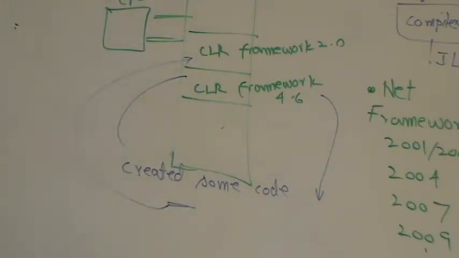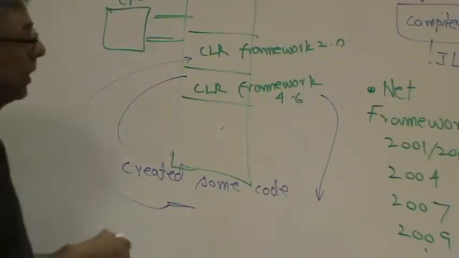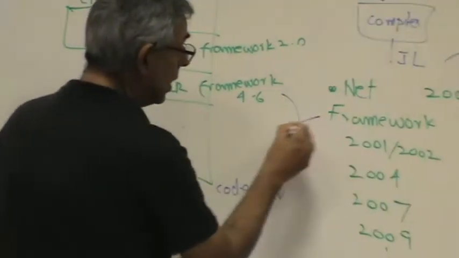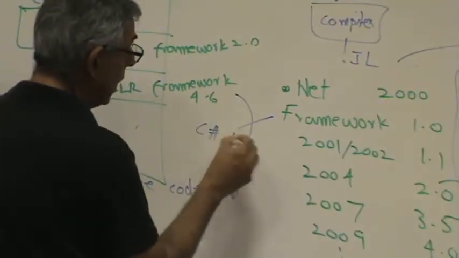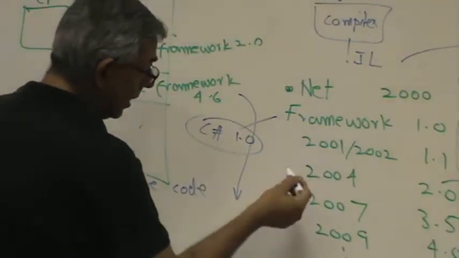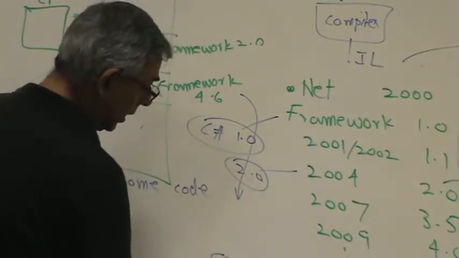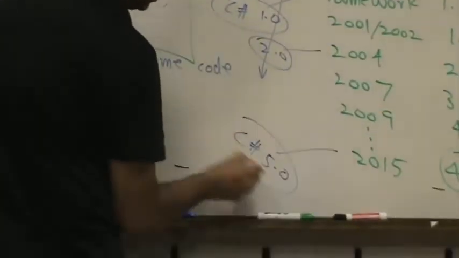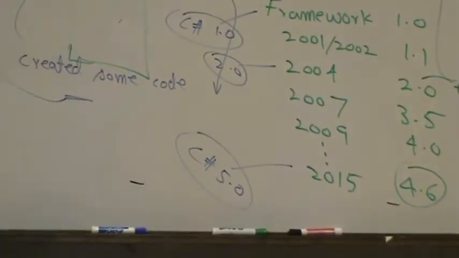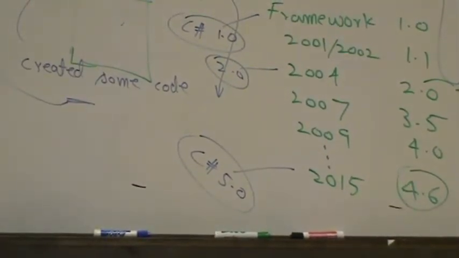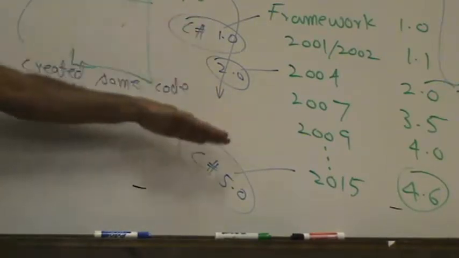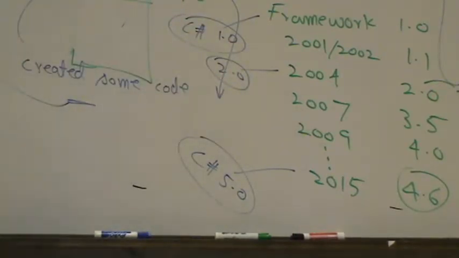Another benefit is every few years they keep improving the language. So for example, over here, this was C# 1.0 as an example, then C# 2.0 over here, and C# 5.0 is the latest that we are using. With every improvement, every new framework, they keep adding more and more features to the C# language.